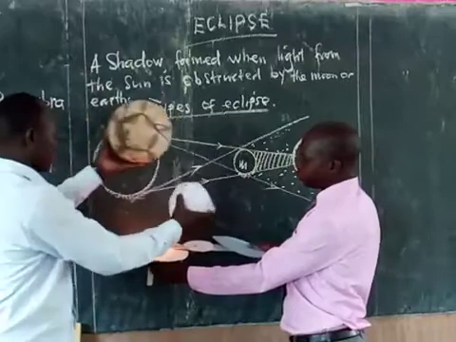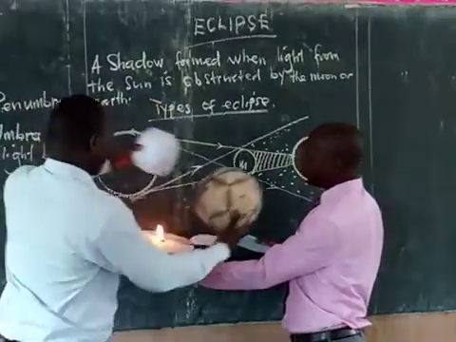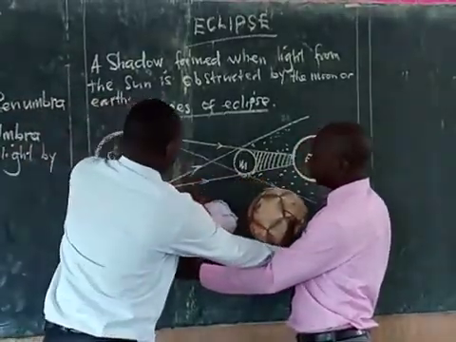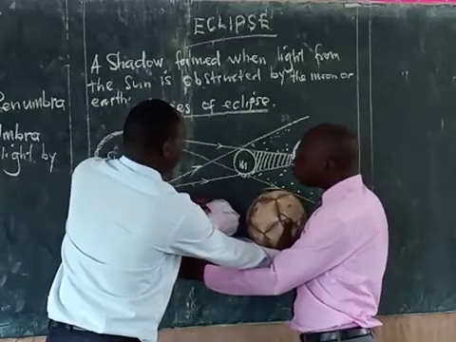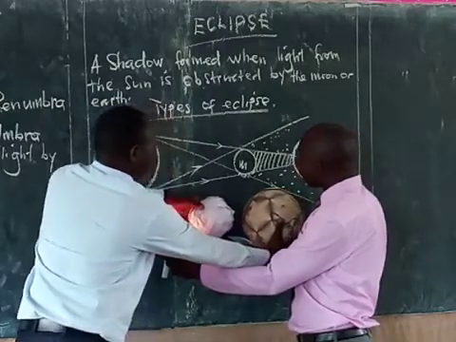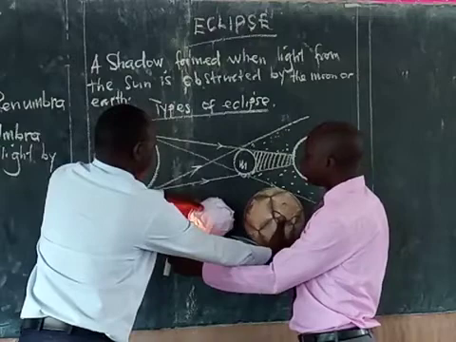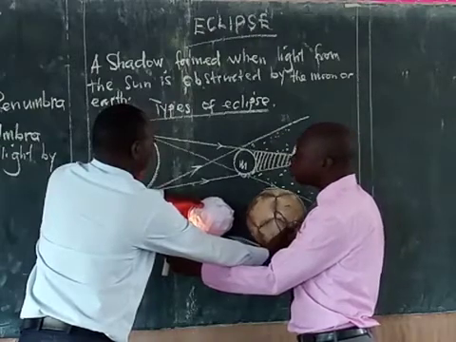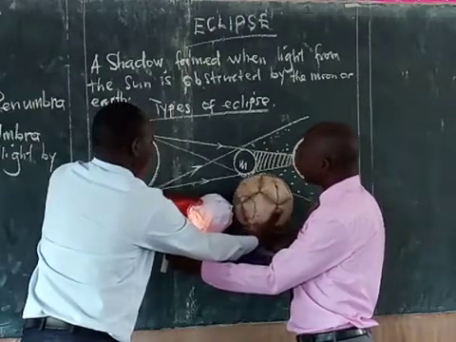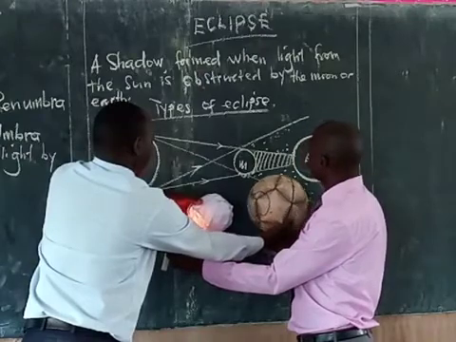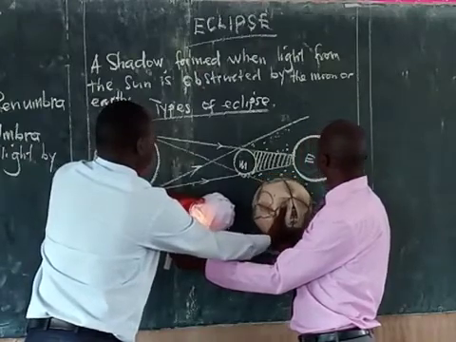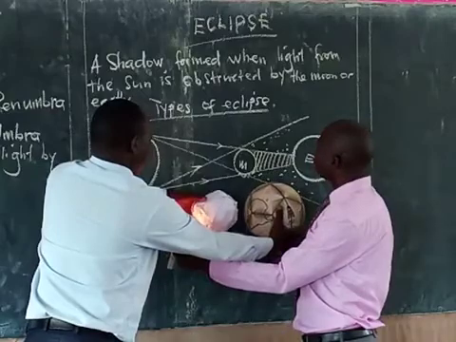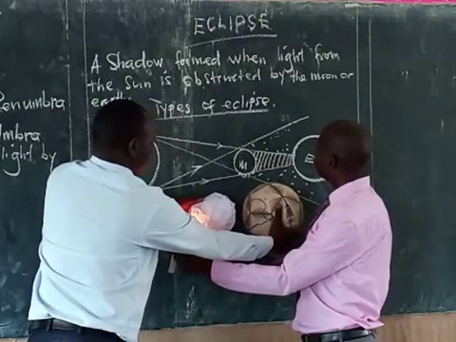Put there. You see there? That ball has stopped that light. It won't come to the ball. Now this is the earth. The white one is our moon. Now it has stopped that light completely from coming this side. So you are going to see total darkness in the shaded part.